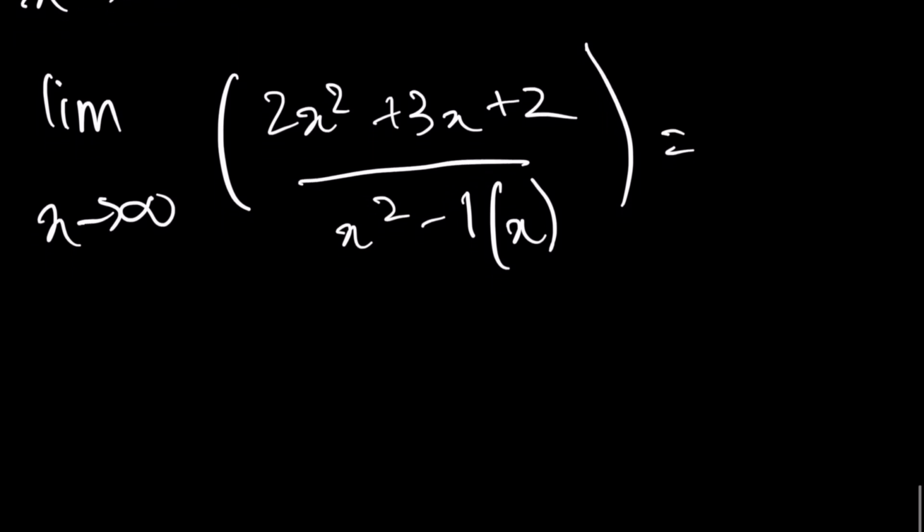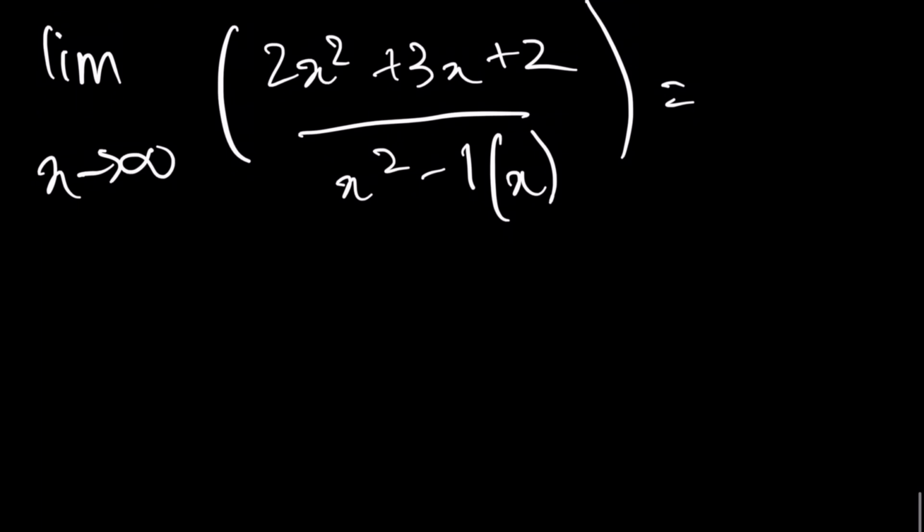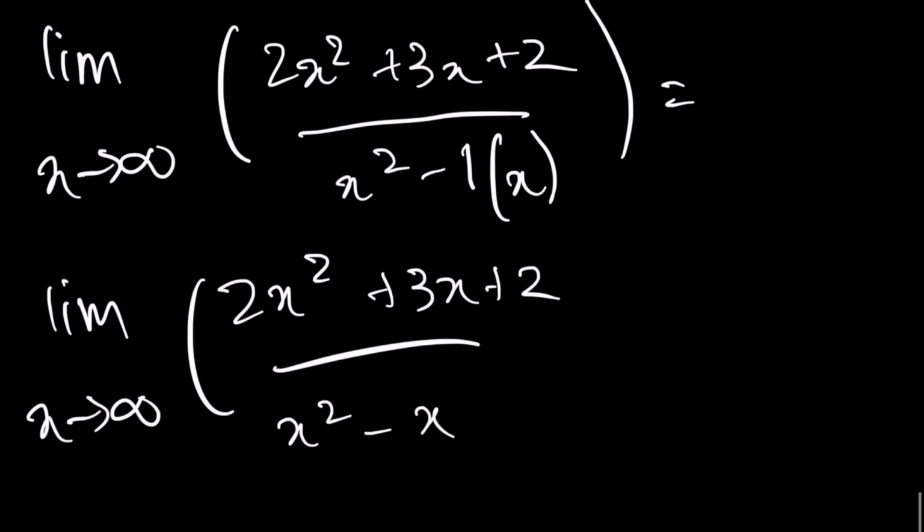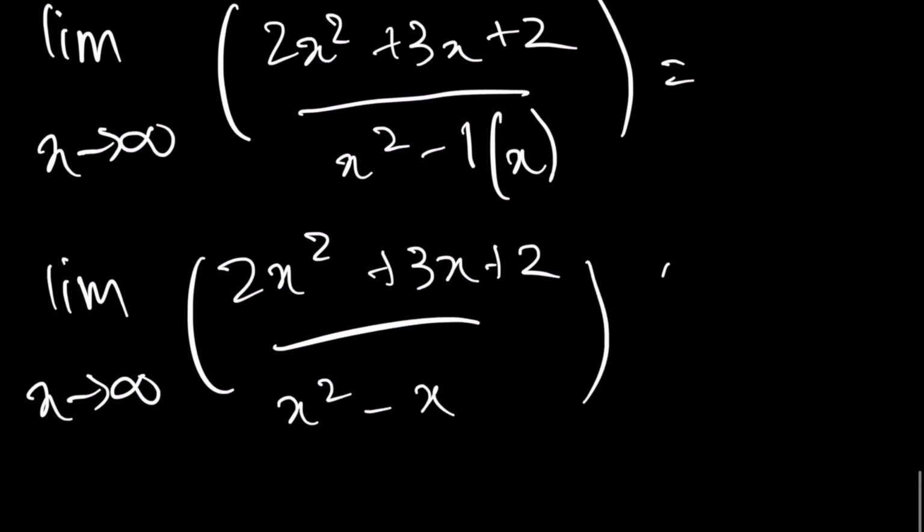Okay, so what we're going to do here is solve it by saying the limit as x approaches infinity of this function. First step is we're going to simplify it. Then we're going to multiply it by 1 over the highest degree of x, which is here 2.